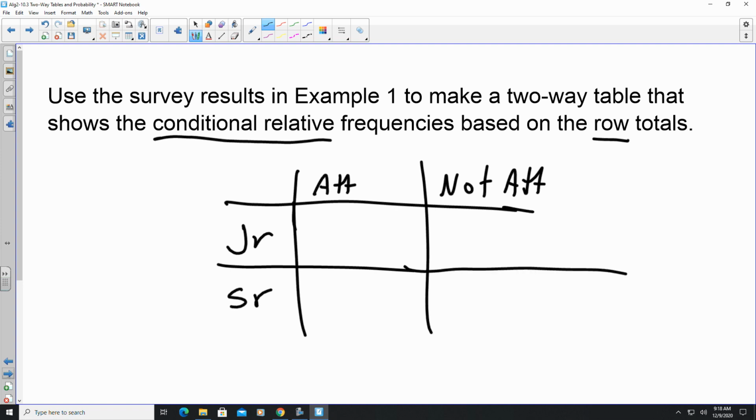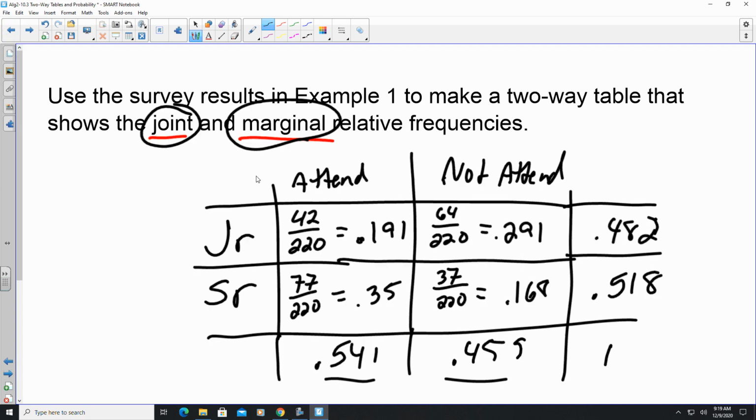So now you're just looking at the four values of attending, not attending with respect to juniors and seniors. It's still a ratio, and your numerators for all of these spots are going to come from these decimal values here.